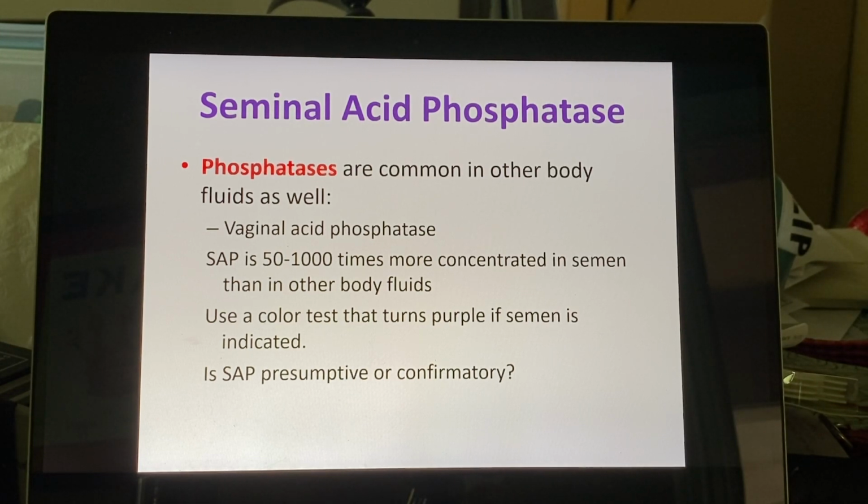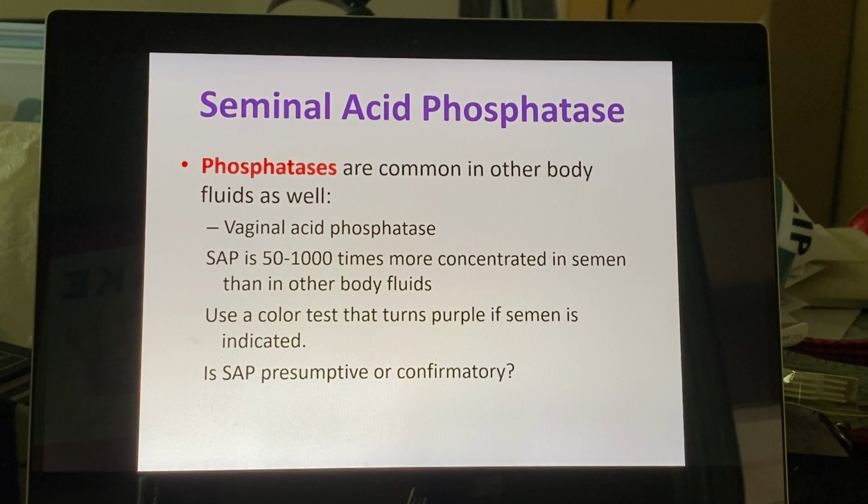Okay, so it's not a confirmatory test, but if we get a positive presumptive test, it can tell the forensic scientist that there's a good indication that semen might be present in this sample, and you should go ahead and do a confirmatory test. So the test for seminal acid phosphatase pretty much works exactly the same way as the KM test. It's a color test.